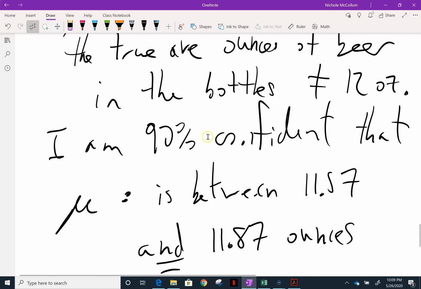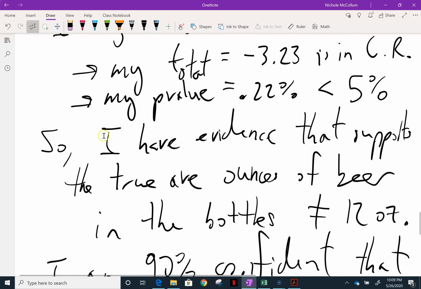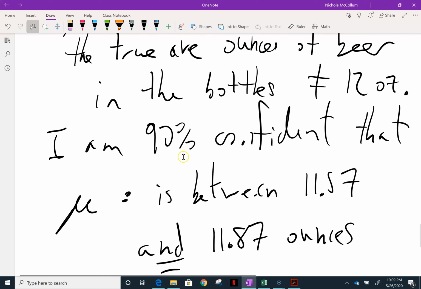I am 90% confident. You know what? Let's go back here. I have evidence that supports the average is not 12 ounces. And in fact, I'm 90% confident that the true average, if we actually sampled every single bottle we made today in the factory, the true average, that's what mu is, let's say we make over 10,000 bottles of beer in one day, I'm 90% confident that the true average is between those two numbers.